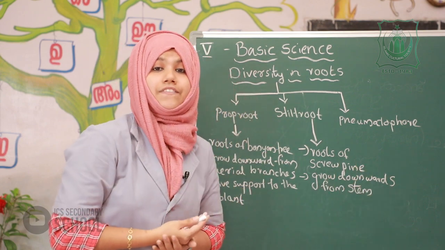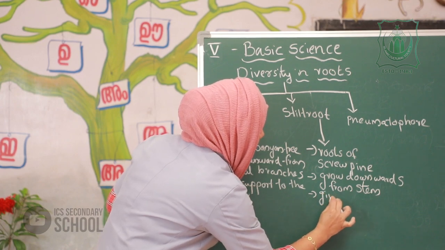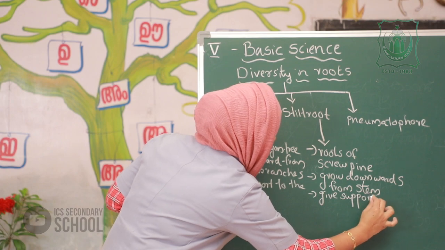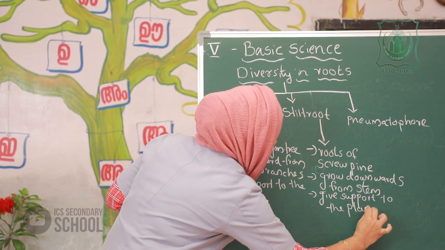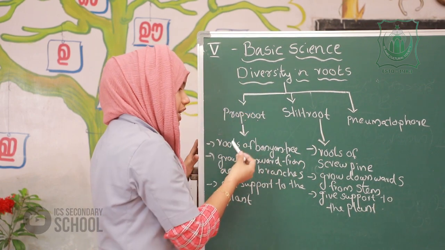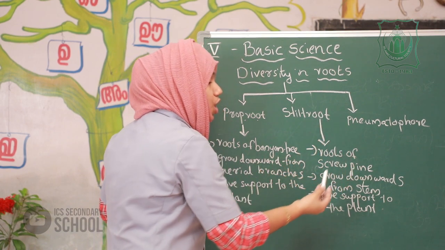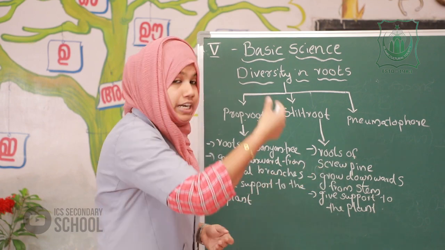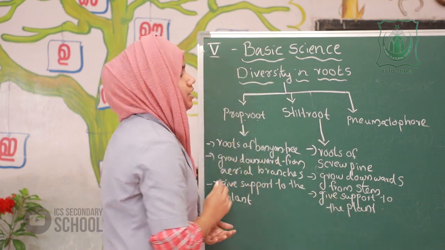It also gives support to the plants. Did you get it? The first one is prop root, the root of the banyan tree, and stilt root is the root of screw pine, commonly known as kaida, and it grows downward from the stem. It gives support to the plant.